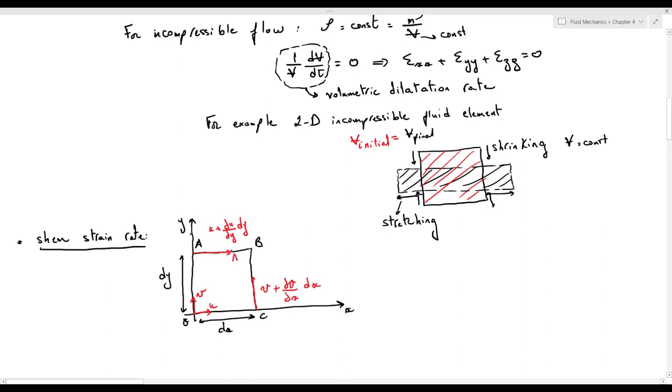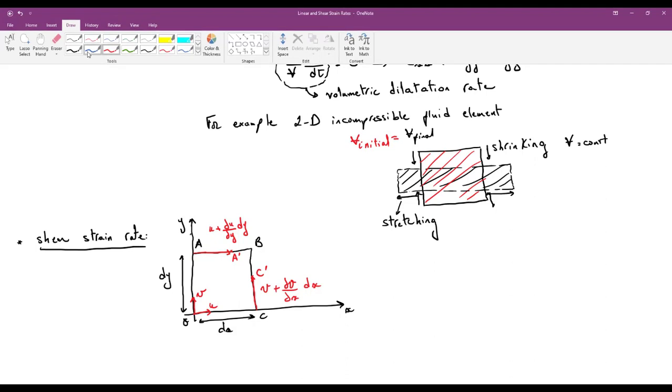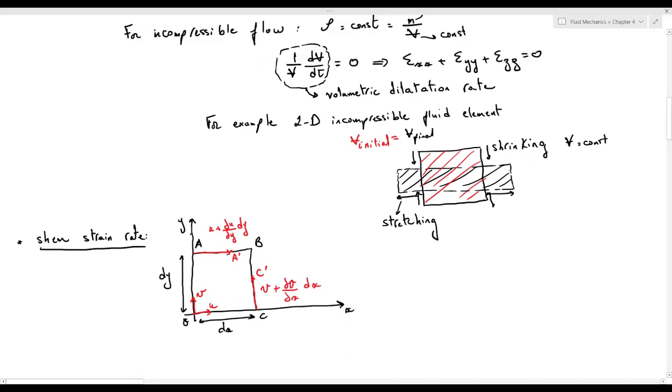So point A will be displaced to point A prime, and point C will have a new location, let's call it C prime. So the segment OC will rotate to the location OC prime, and the segment OA will rotate to the location OA prime.